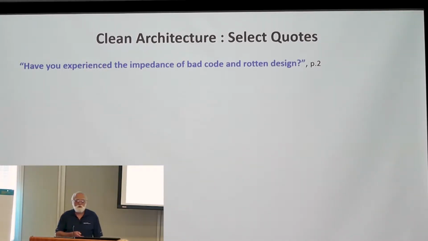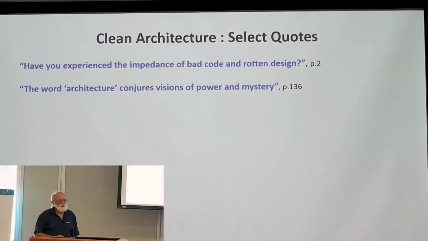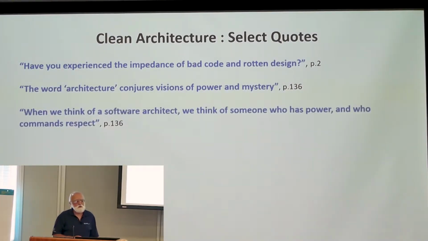Everybody did. But to word it in this way, it requires some talent. The word architecture conjures vision of power and mystery. When we think of a software architect, we think of someone who has power and who commands respect. Aren't we all? That's why we're architects.